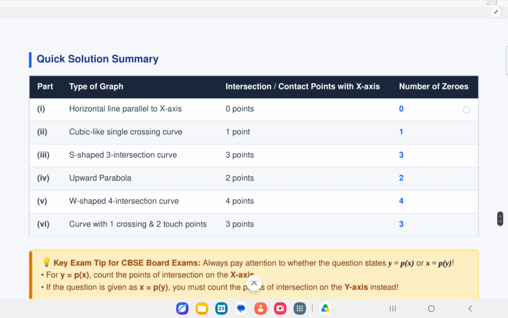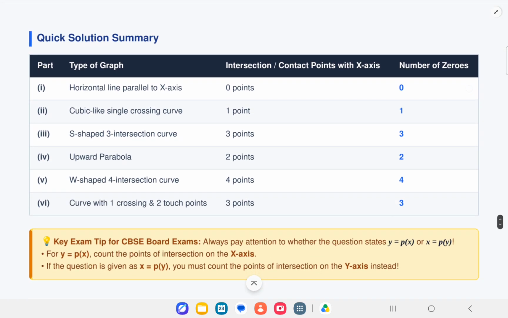Now quick solution summary here. I will share you this PDF. You can write and do this question from this PDF. So first part, horizontal line parallel to x-axis, 0 points. Second part, cubic-like single crossing curve, 1 point.